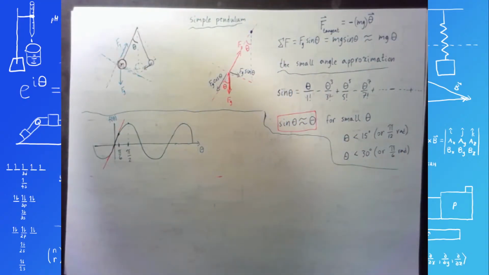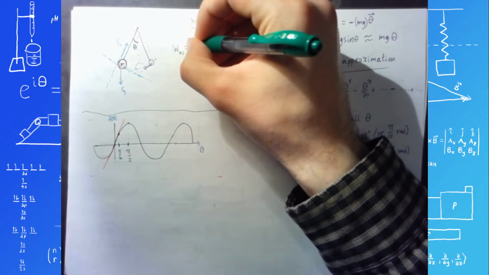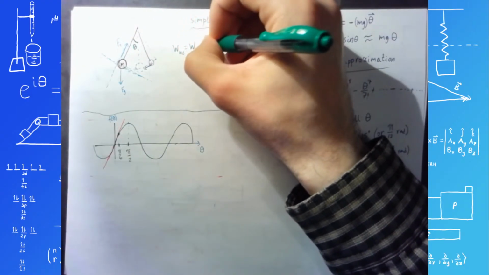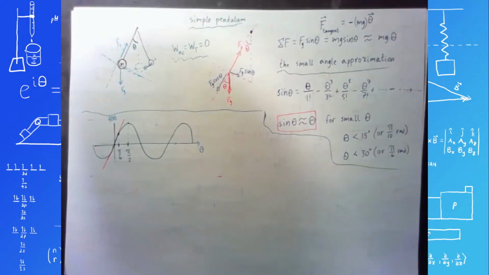Force of tension times displacement times cosine of 90 degrees between their directions. That's zero work done by tension. Work non-conservative equals work done by tension equals zero. So mechanical energy is conserved. And there you go. A simple pendulum, as long as you don't pull it too far back to set it in motion, will engage in simple harmonic motion.